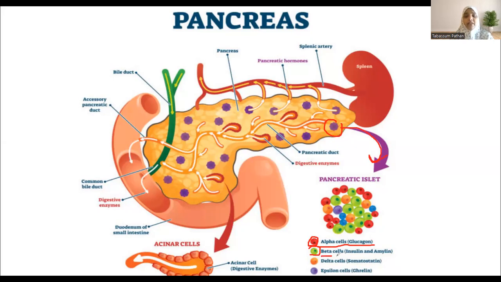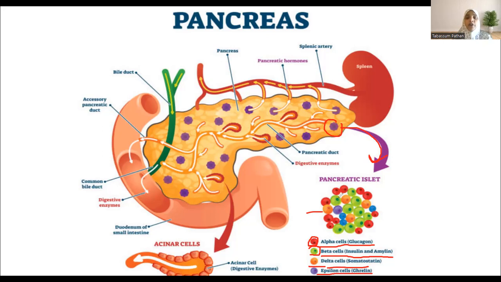The green ones are labeled as beta cells. They secrete insulin and amylin. The beta cells are also called islets of Langerhans. Then you have the orange cells. They secrete the hormone somatostatin. Then another, epsilon cell, secretes the hormone ghrelin.